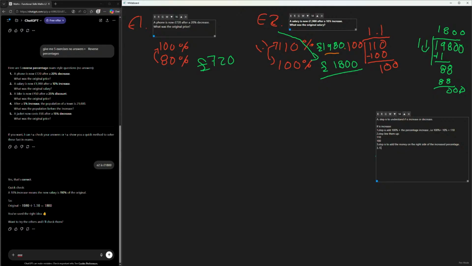This is to find the modifier number. 1.1 in our case here is what I call the modifier number. I don't know if it's right or wrong in mathematical terms.